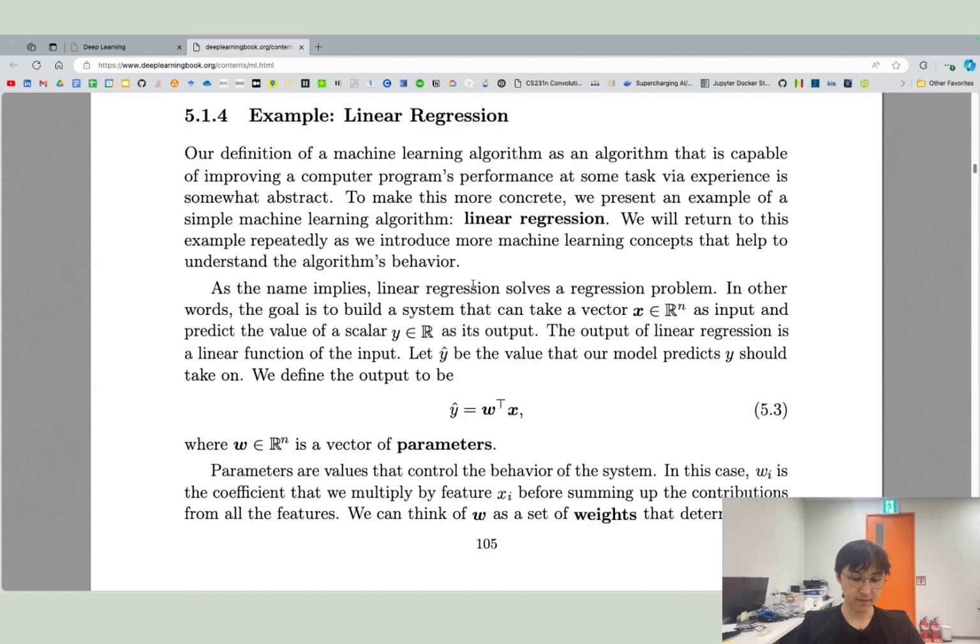So let's define the three things here. What is task? Here it is a regression task. What is experience? What is performance? Here in linear regression, there are different performance measures: mean square error, mean absolute error, or RMSE, and a bunch of many different measurements.